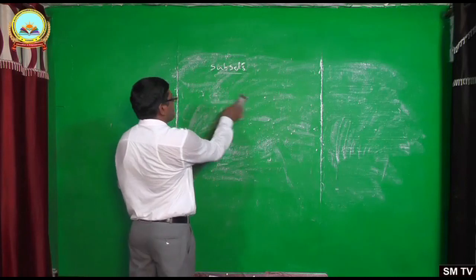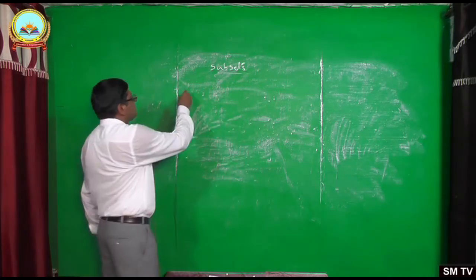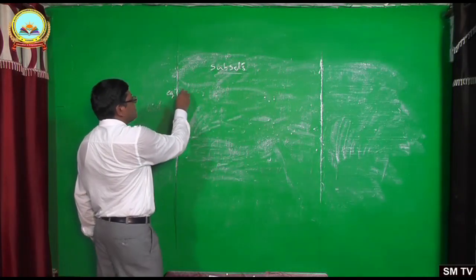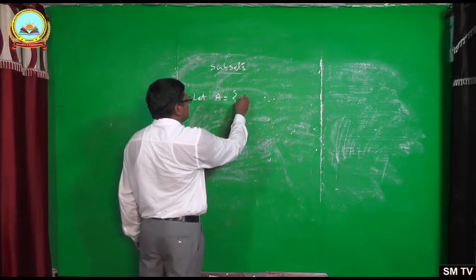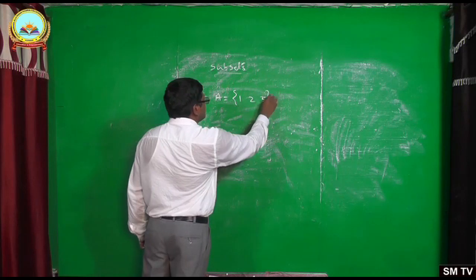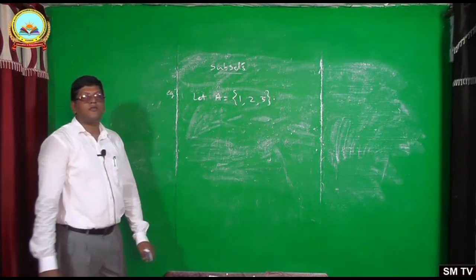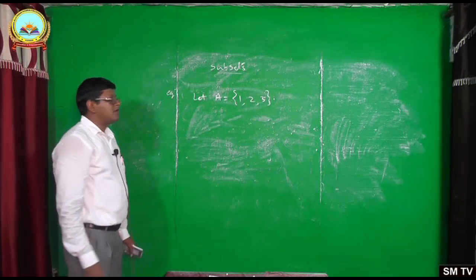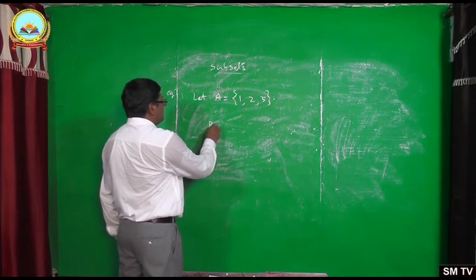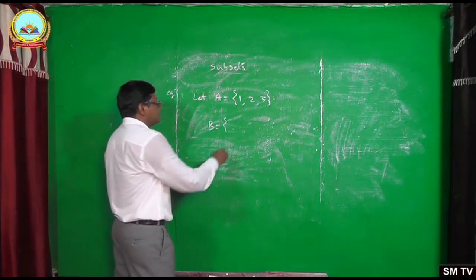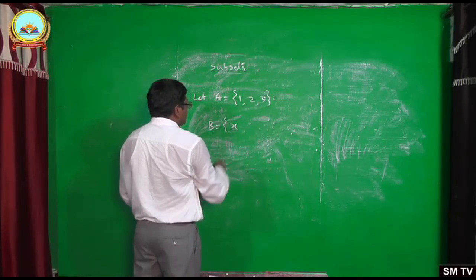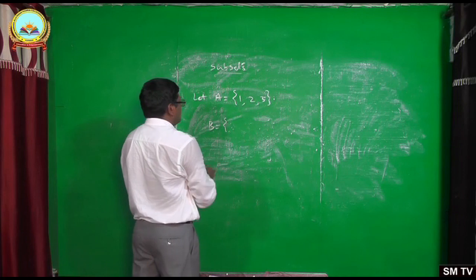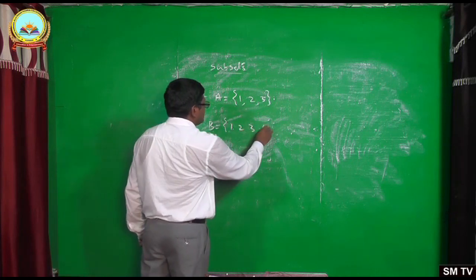For example, let A be equal to 1, 2, 3. A is the set consisting of the elements 1, 2, 3, and B is the set consisting of the elements 1, 2, 3, 4, 5.